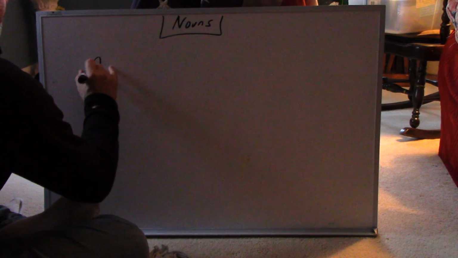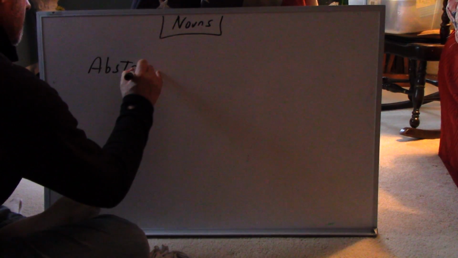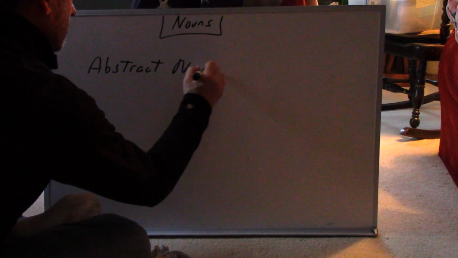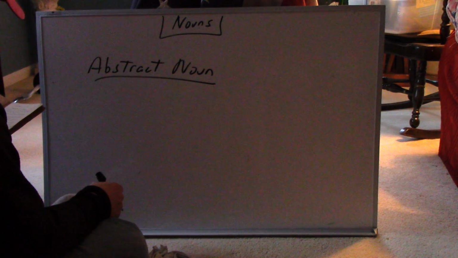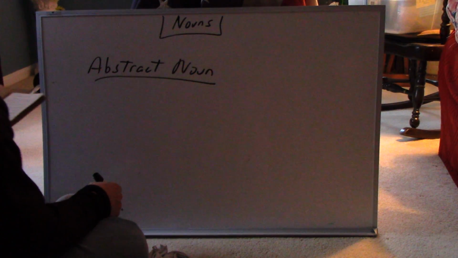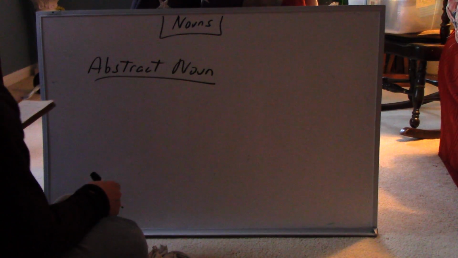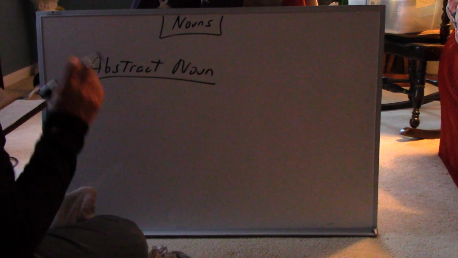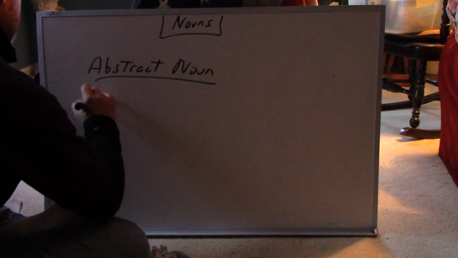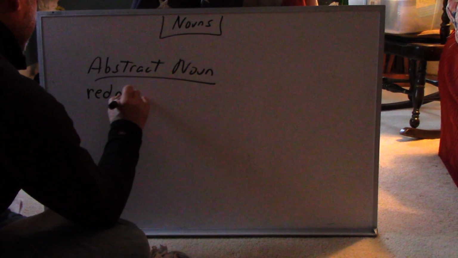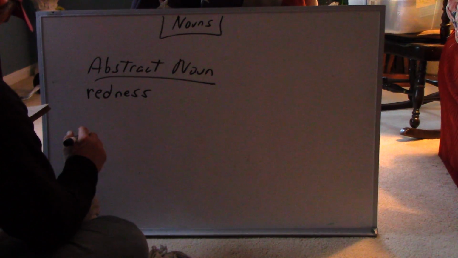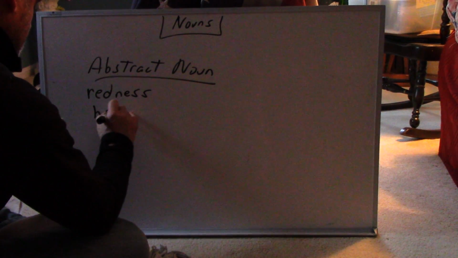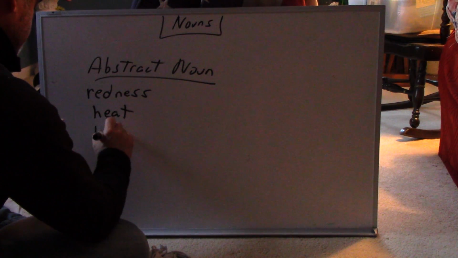Now we have another thing called an abstract noun. An abstract noun is a word used as the name of a quality belonging to an object, like redness, if you get hit or you have poison ivy, heat, wisdom.